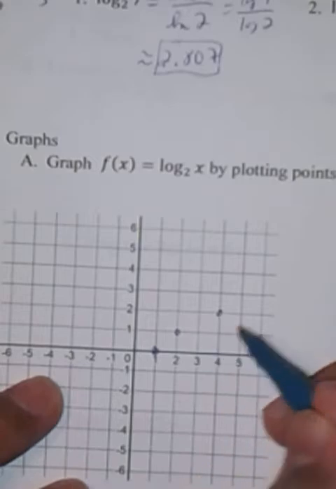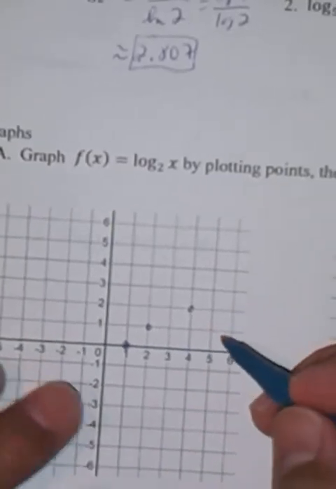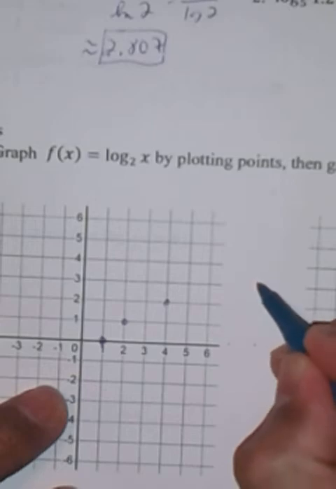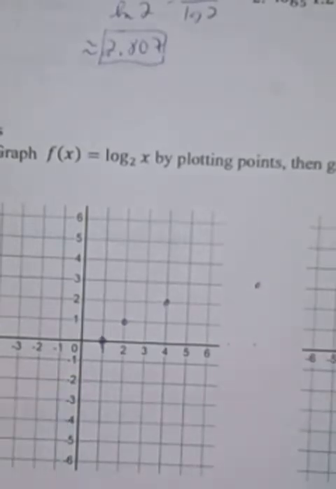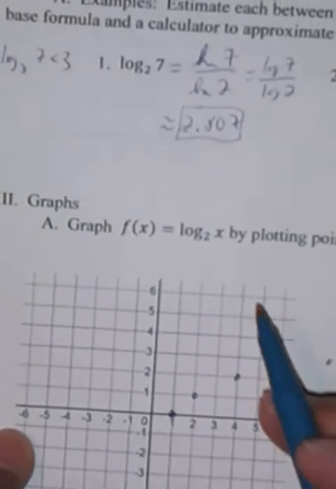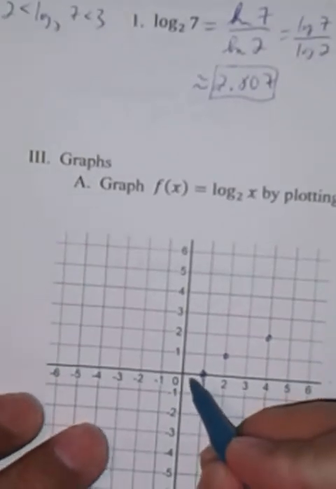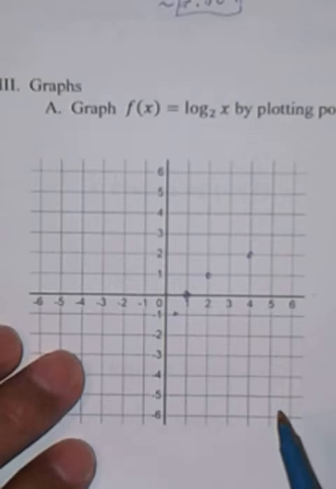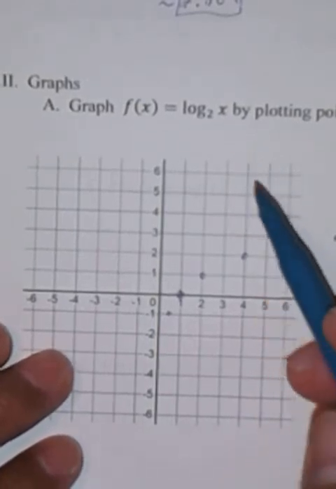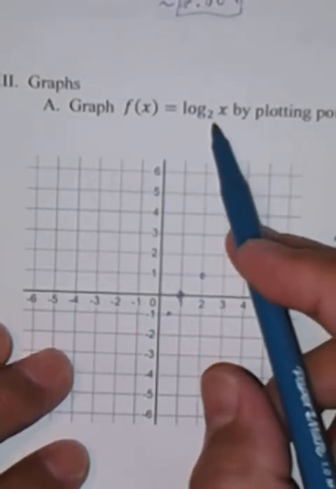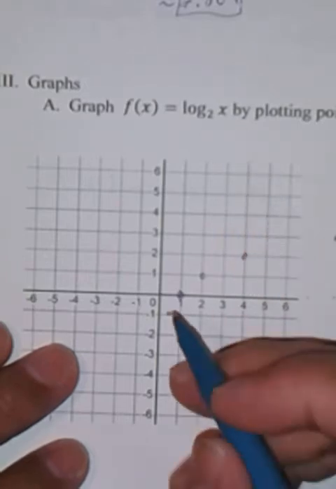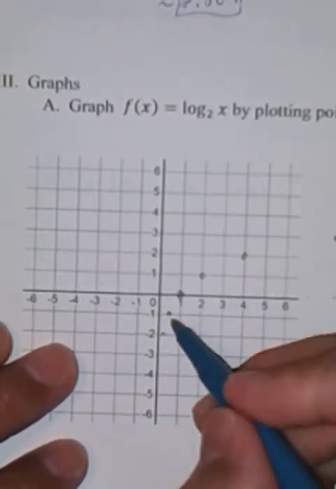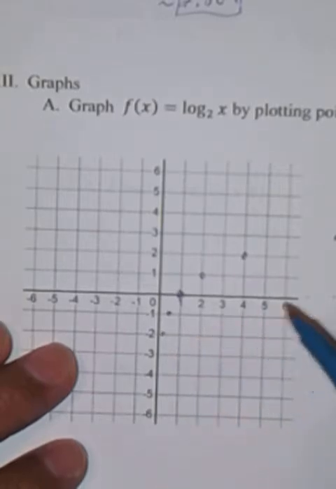All right. Log base 2 of 3 is somewhere in there, between. Log base 2 of 8 is 3, kind of off the grid. All right, log base 2 of 1/2, so at x equals 1/2, that's -1, right? Because 2 to the negative 1 is 1/2. Log base 2 of 1/4 is -2, right? Because 2 to the negative 2 is 1/4.